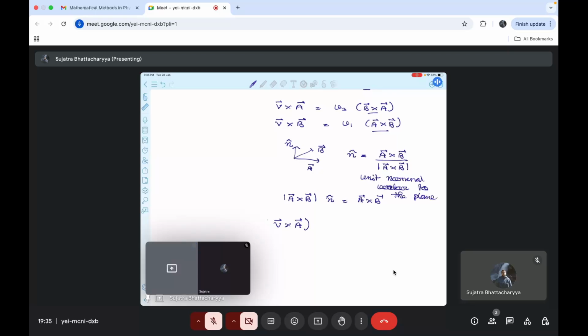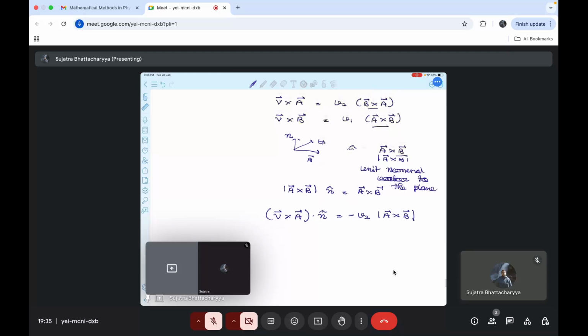So with this dot n hat, and v2 times b cross a, this b cross a can be written as minus v2 mod a cross b, because an n hat is already there.